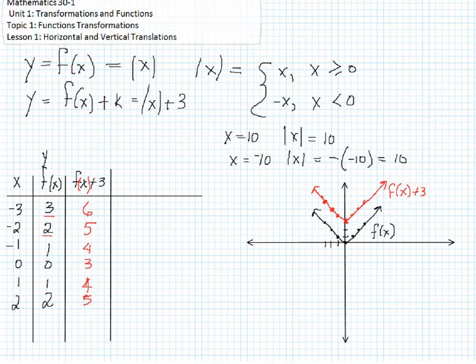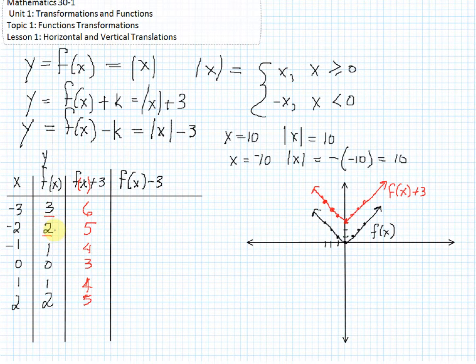So now we're going to look at another vertical translation, y is equal to f of x minus k. In this case, we're going to take the absolute value of x and subtract 3 from it. So f of x minus 3. I start with my f of x. I'll do this in blue.